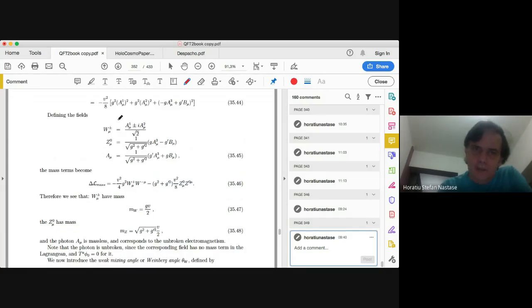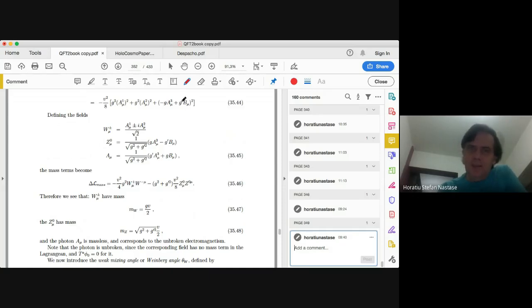So then you just substitute these redefinitions in here. This redefinition we know just changes these sums of squares to a product of the two. So it's minus v squared over 4 g squared W plus mu W minus mu.